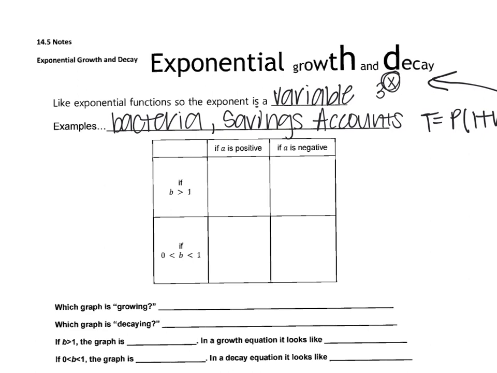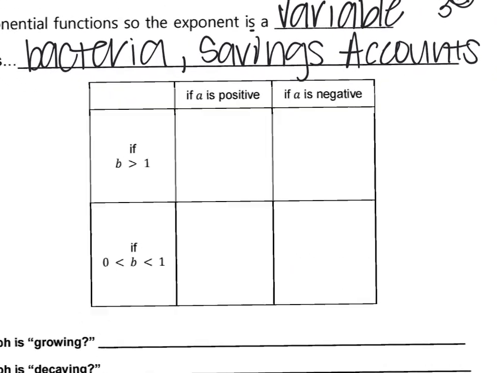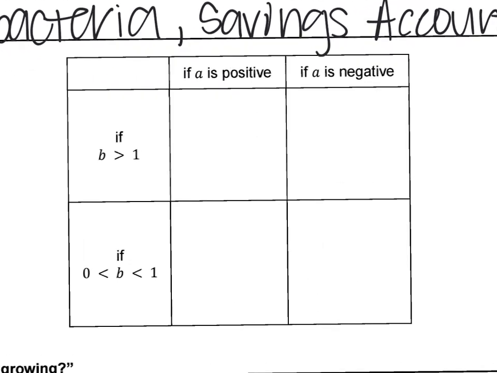So again, we're going to do this table that we talked about. I'm going to label these boxes so we can talk about the boxes and you know what boxes I'm talking about. Okay, so if A is positive and B is greater than 1, we're going up like this.